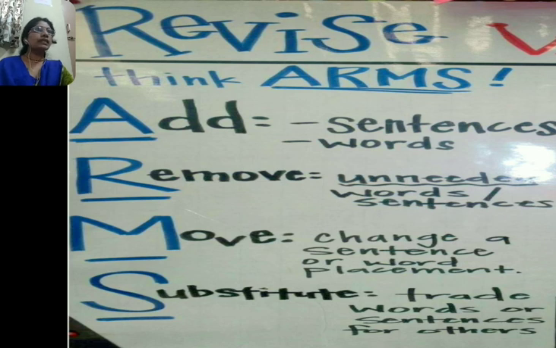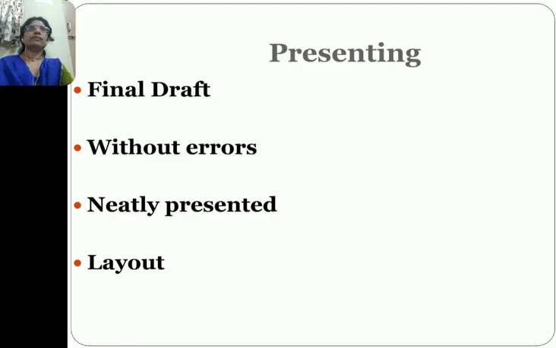The writer reads the content again and again, gives the final shape to the draft. The writer may add, remove, or delete the content, rearrange the content, and the final draft is prepared. Now the draft is ready to present.